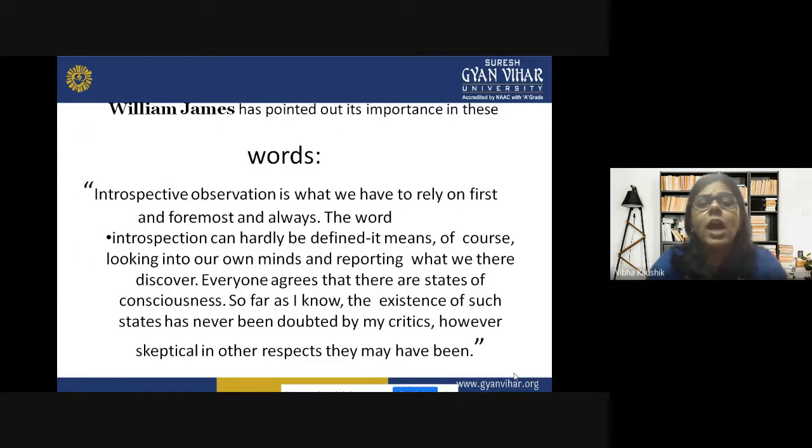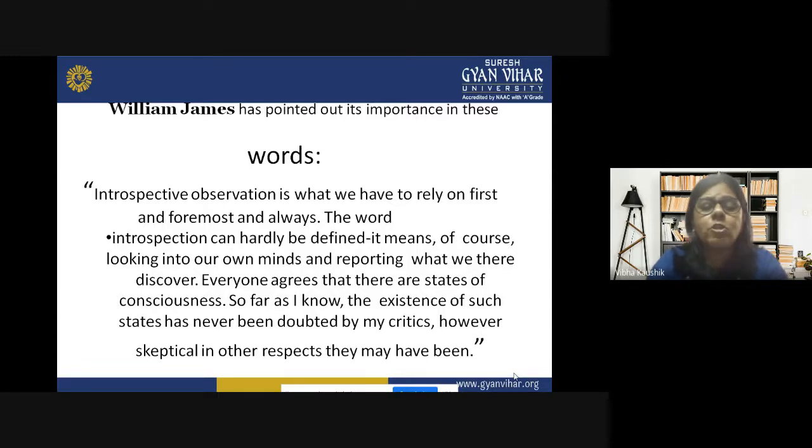William James has pointed out its importance in these words: Introspective observation is what we have to rely on first and foremost and always.